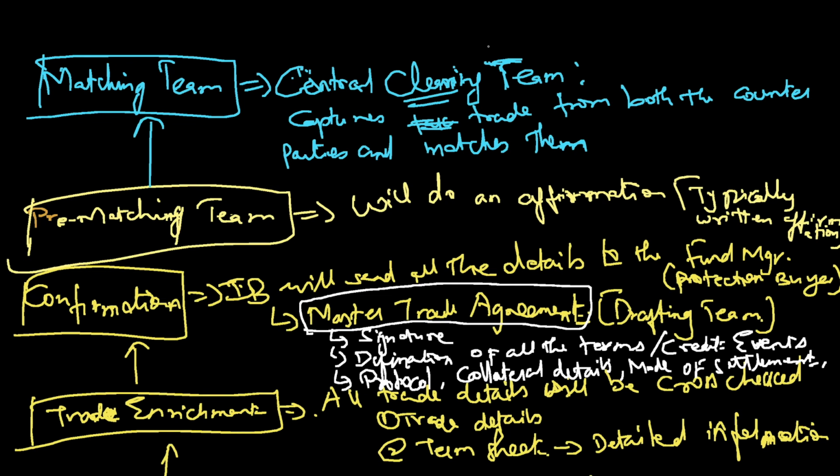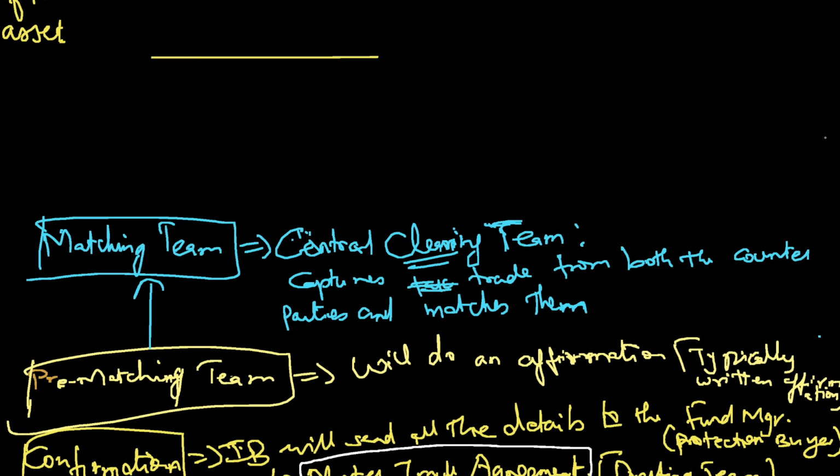So what is their job? Their job is to make sure that the payment happens on time. So typically this work is outsourced to some other matching team, the central clearing team.